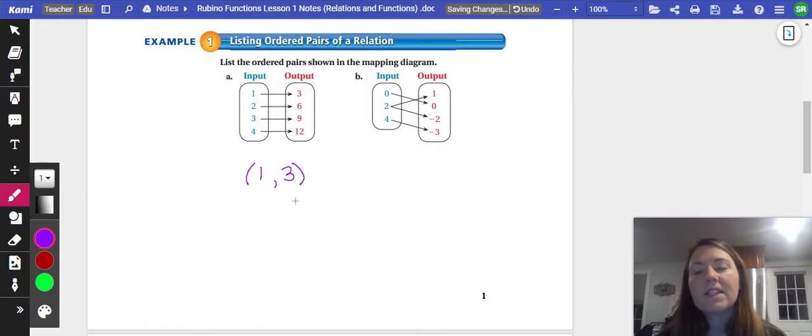When we are writing this as an ordered pair, remember the input comes first and the output comes second. The next one would be (2, 6), (3, 9), and (4, 12).